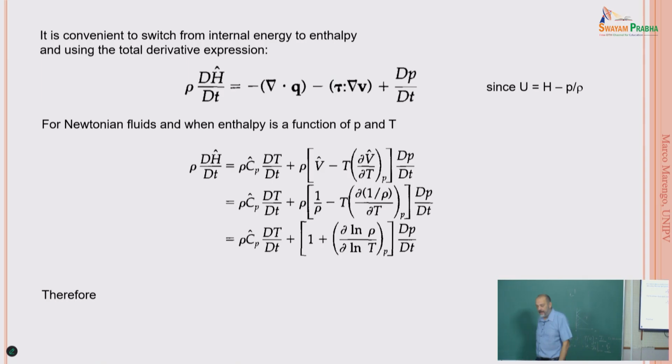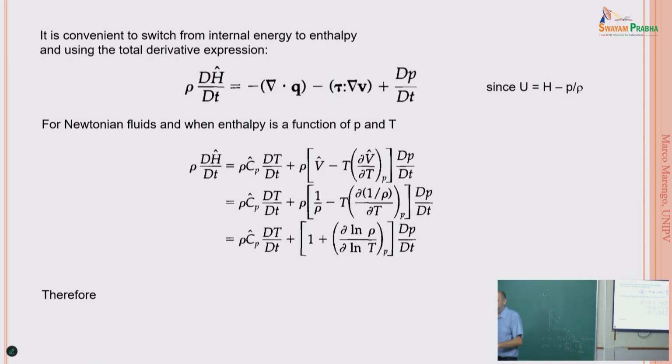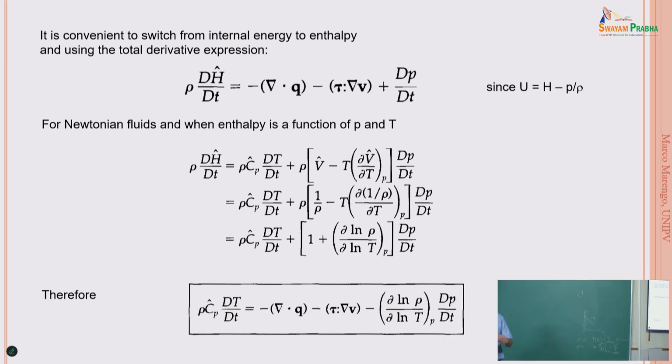Rho Cp becomes very clearly a thermal inertia, plus a term linked to the total derivative of the pressure, DP over Dt, multiplied by this strange term, the logarithm of rho over the logarithm of T, at constant pressure. This is interesting because at the end we are going to have this form, and this is a beautiful way to write the energy equation. I found that this is really a beautiful form for the energy equation.